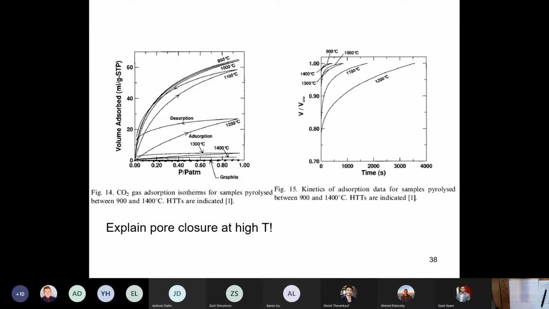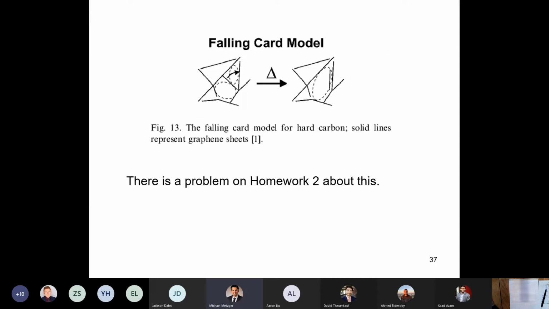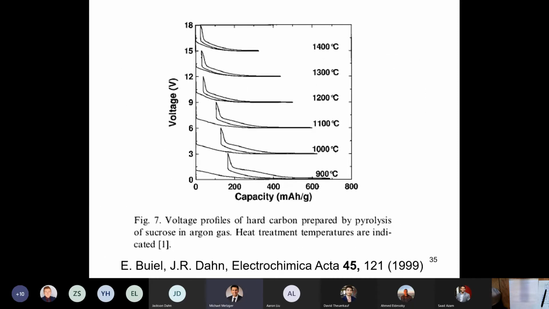Jeff, yeah. I have a question about the difference here between CO2 and lithium. So this is adsorption from the gas phase, right? But in the other plot, a couple slides back, where we saw the voltage plateau, does it also play a role whether electrolyte can enter those pores? Yes, this is really an important question.